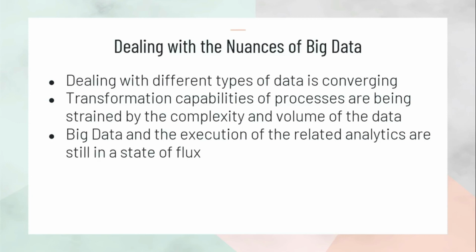Dealing with different types of data is converging, thanks to utilities and applications that can process the datasets using standard XML formats and industry-specific XML data standards. These XML technologies are expanding the types of data that can be handled by big data analytics and integration tools.